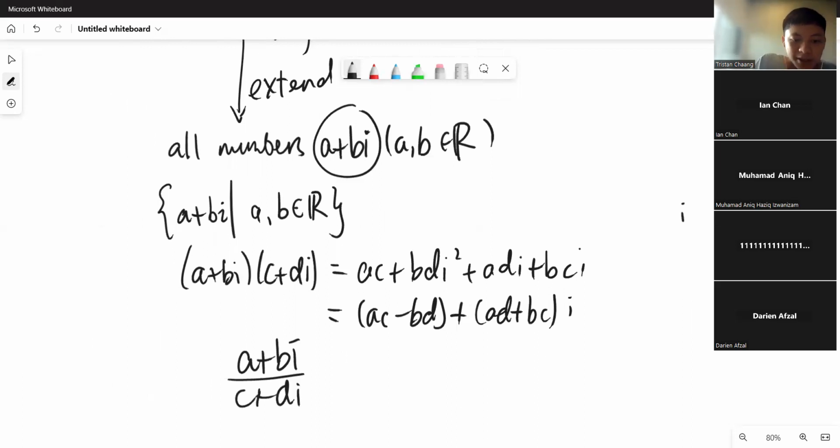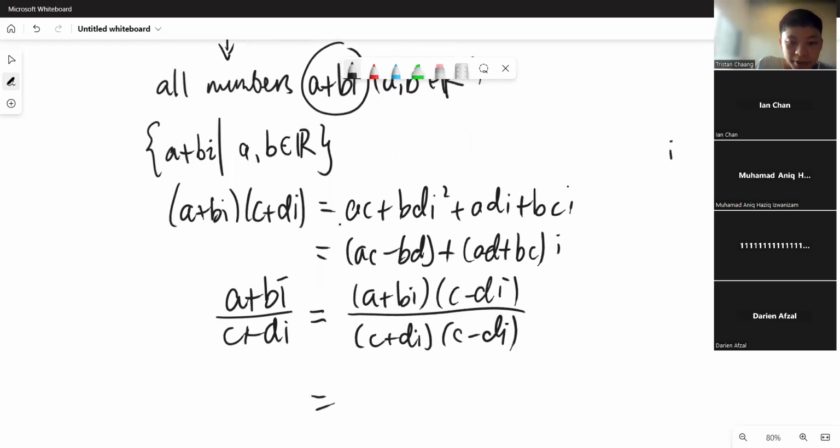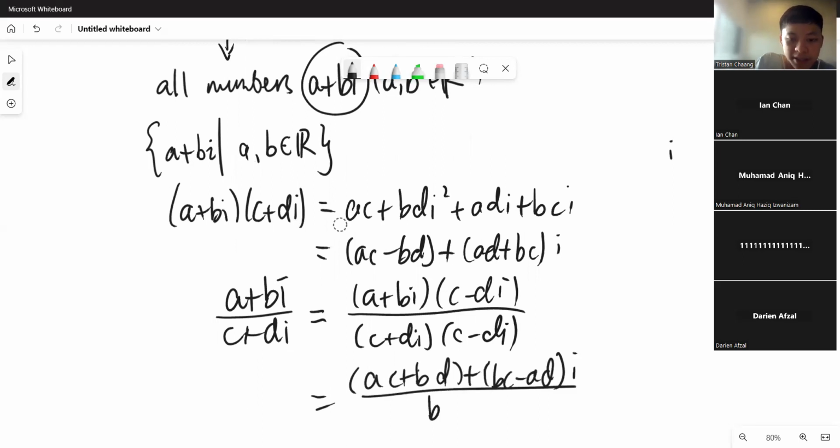Does it give us a number in the form something plus something i? This is a bit harder, but it's still doable. So for a plus bi over c plus di, what I do is multiply by the conjugate, which I will define later. It's basically c minus di. Well, you expand this thing. On top, you get (ac plus bd) plus (bc minus ad) i over c squared plus d squared.